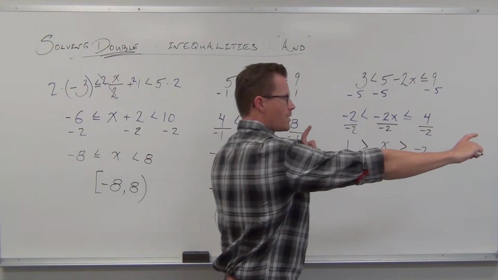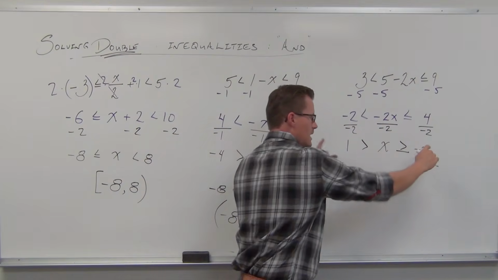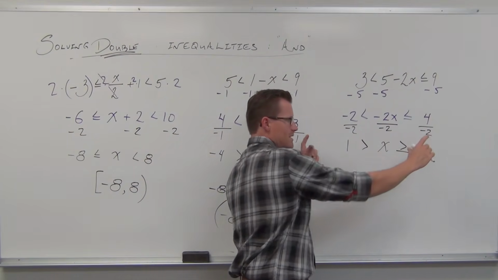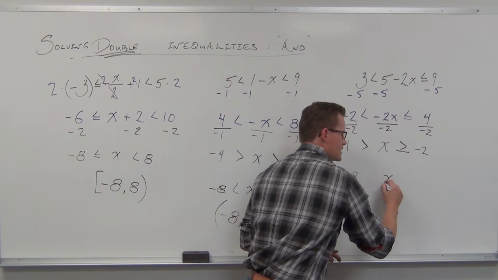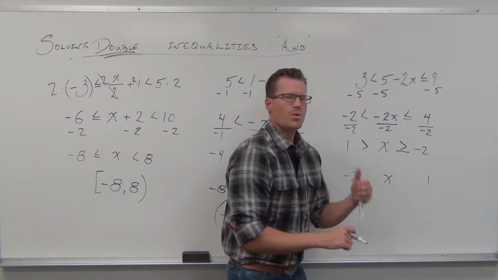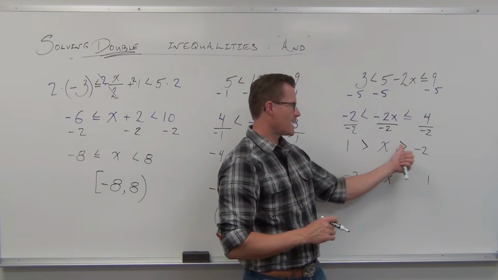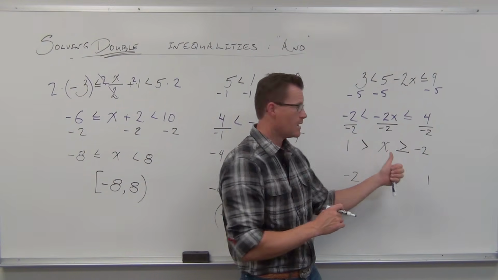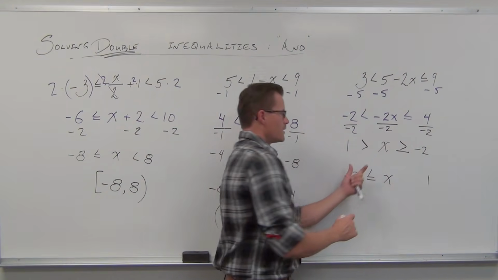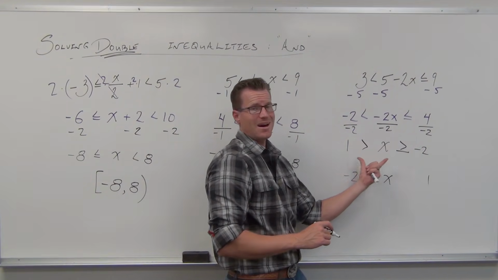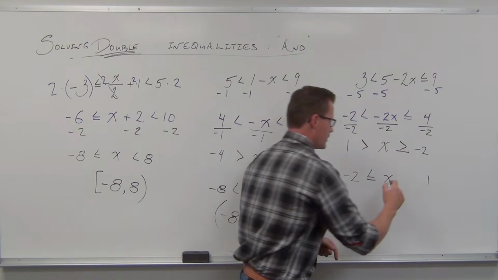Take this off the board and reverse it, which means your -2 is smaller than 1, right on the left. Your x is in the middle and your 1 is on the right now, but follow your inequalities as well. The relationship between x and -2 has an equals associated. Make sure that follows with it. The relationship between x and 1 does not have an equals. Make sure that follows with it.